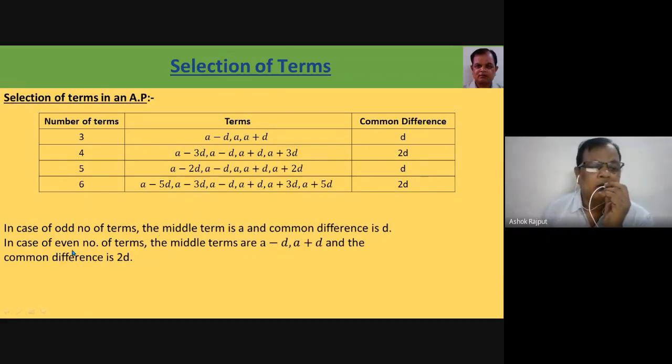In case of an even number of terms, the middle terms are a minus d and a plus d, and the common difference is 2d. Now we go to the next. These are important terms. It is very helpful when you solve other sums. Now I will use only these terms. It makes your solution easy.